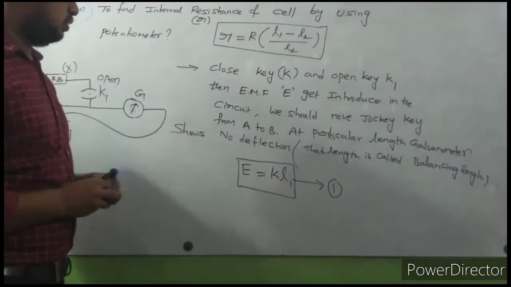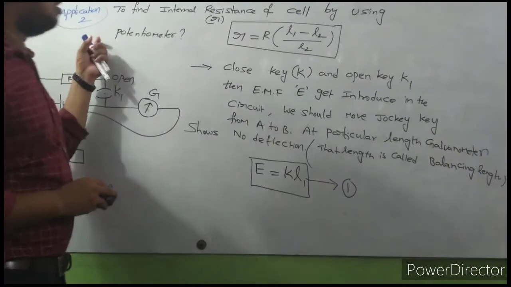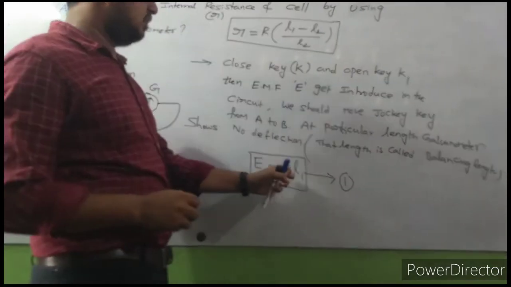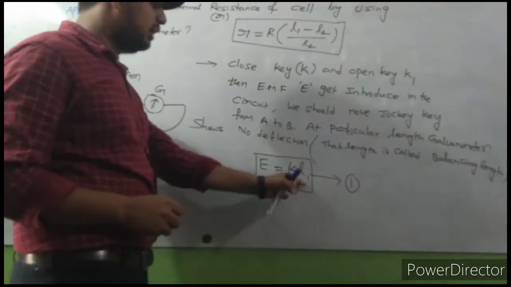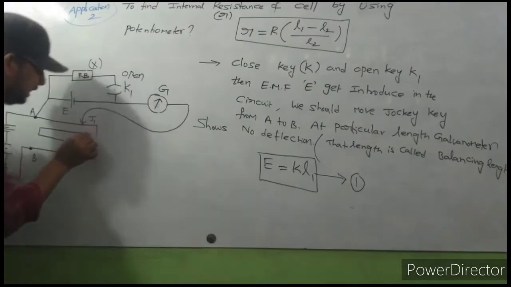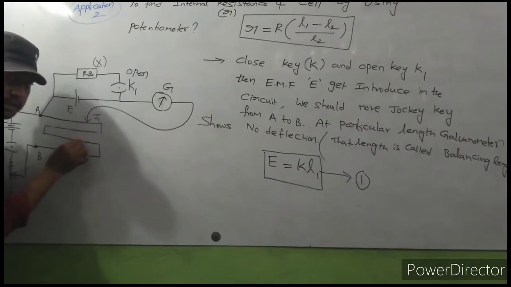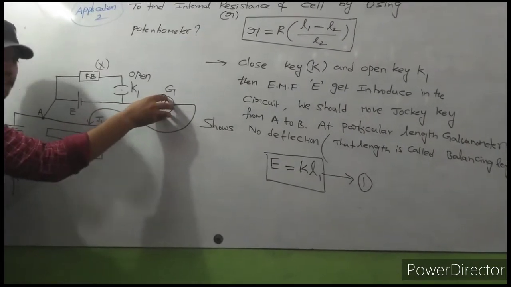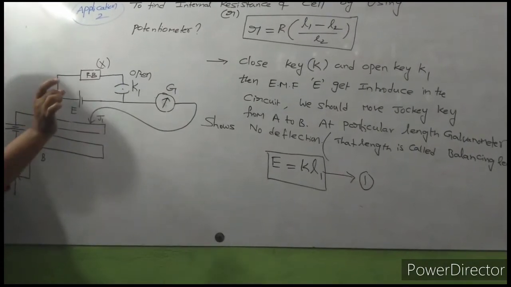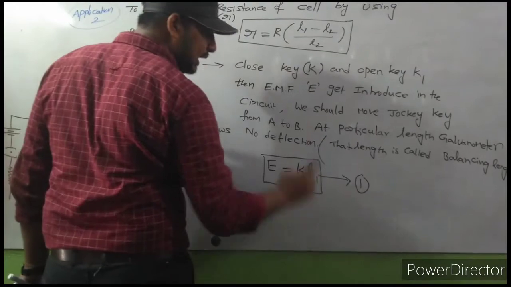Continuing my lecture on application 2 of potentiometer. Here we got EMF E equal to K into L1. Here L1 is the balancing length: if you move this jockey key, at this point there is no deflection in the galvanometer, then this length is the balancing length, which I consider as L1.